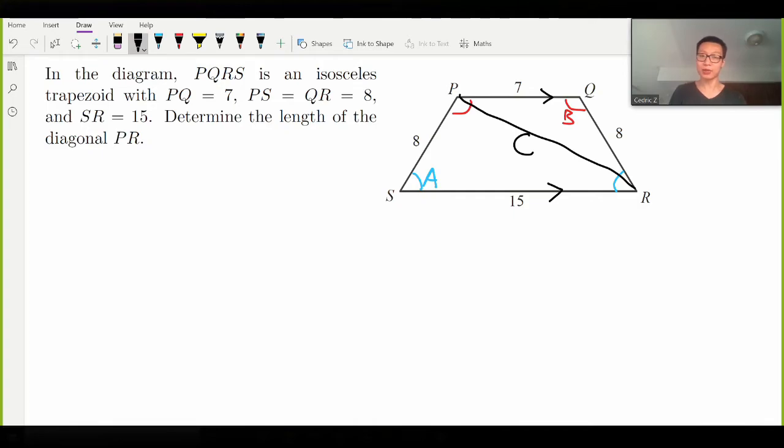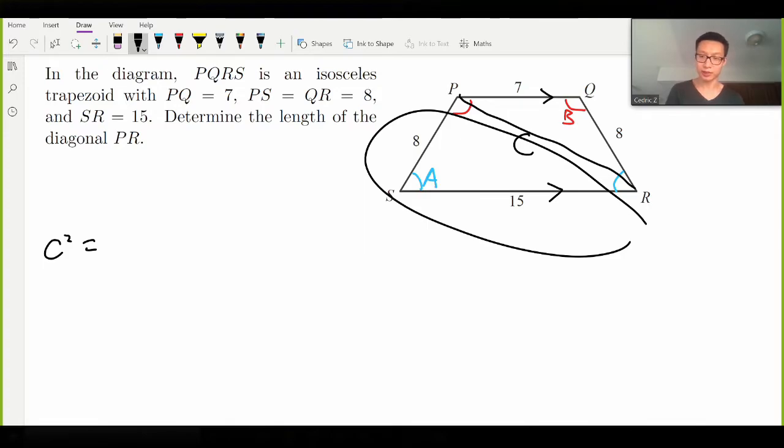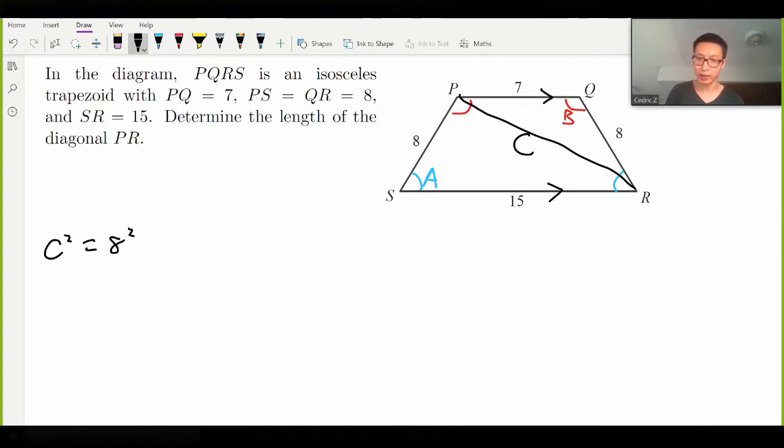So let's outline that relationship. We know that C squared, this diagonal squared, is equal to, looking at it from the bottom perspective, 8 squared plus 15 squared minus 2 times 8 times 15 cosine angle A. That's the cosine law.